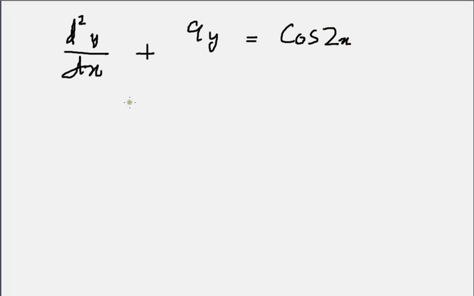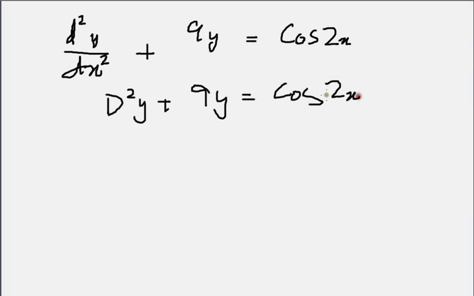Now let's find yc by finding roots. We know that d square over dx square equals to D. Let's call the equation D square y plus 9y equals cos 2x.